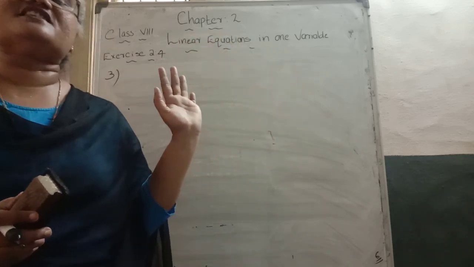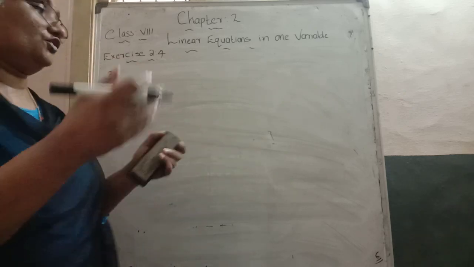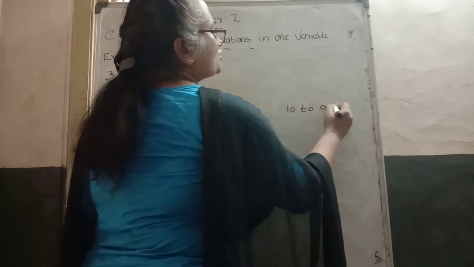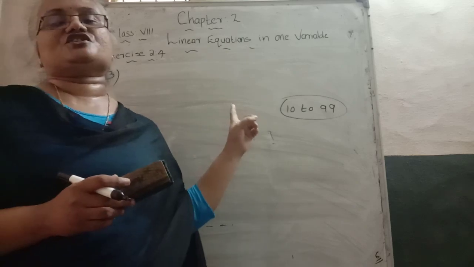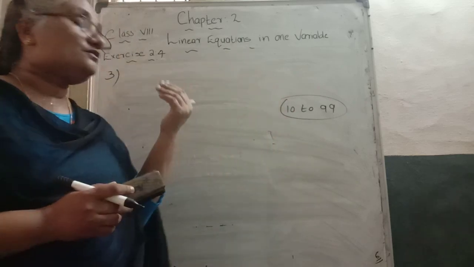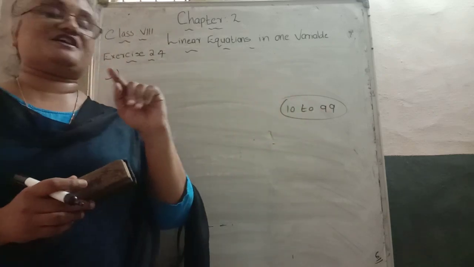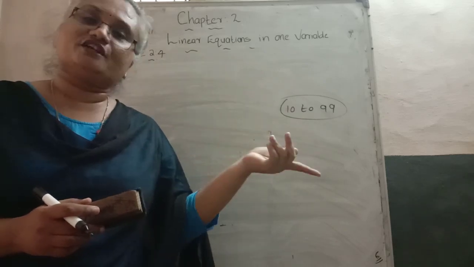So we don't know which two-digit number it is. Two-digit means 10 to 99, all numbers lie under two digits. Place value: in 99, the first 9 is in which place? Tens place. The second 9 is in which place? Ones or unit place.